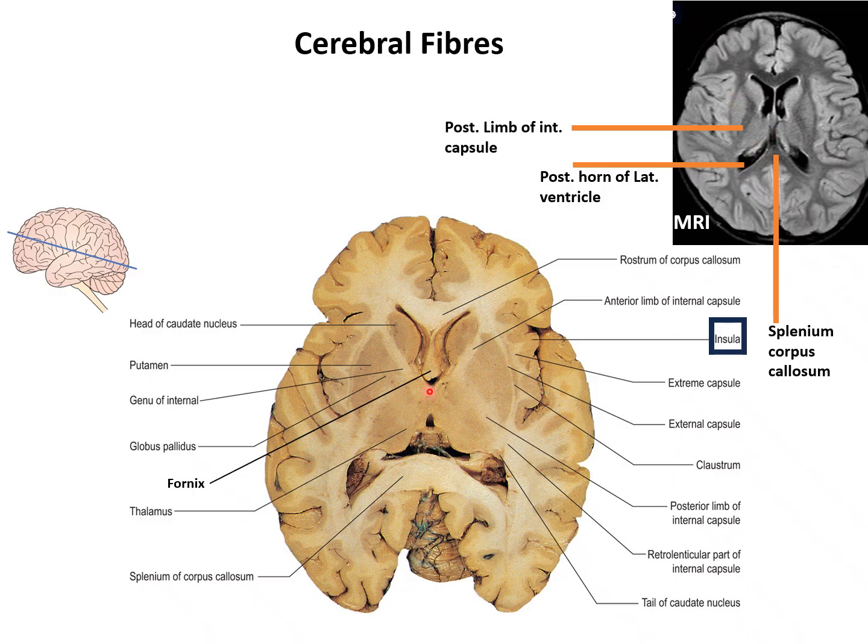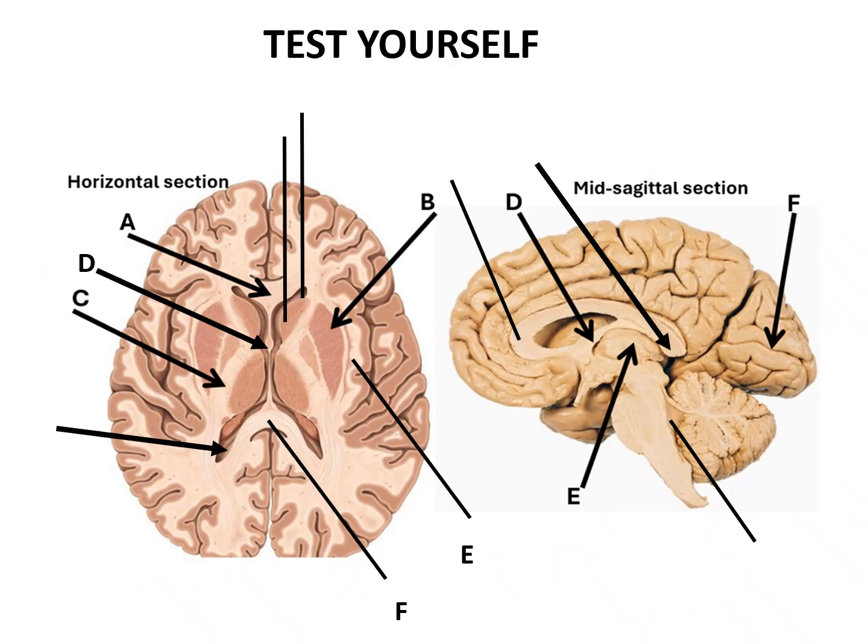Inside, you can find this very dark, black color. That is the ventricles of the brain, which contain the CSF, or cerebrospinal fluid. You can test yourself here.